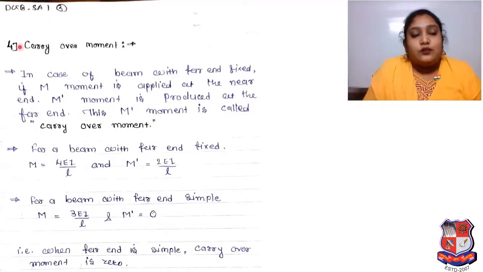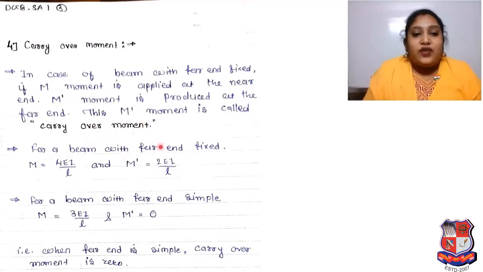Now carry over moment. It is also very important for calculating the problem. In the case of a beam with far end fixed, if moment M is applied at the near end, M dash moment is produced at the far end. This M dash moment is called carry over moment.